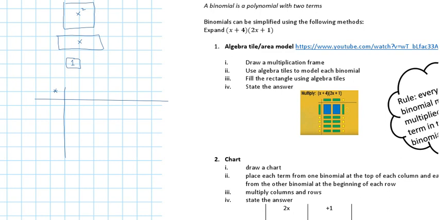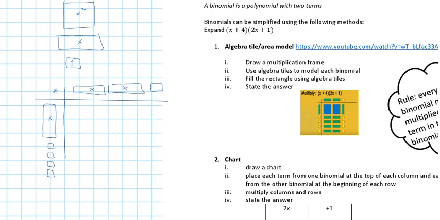So an x is a long rectangle, so that's an x. And I have plus 4, so I have 4 small squares. For this one, I have 2x plus 1, so that means I have 2 long ones and 1 small one.